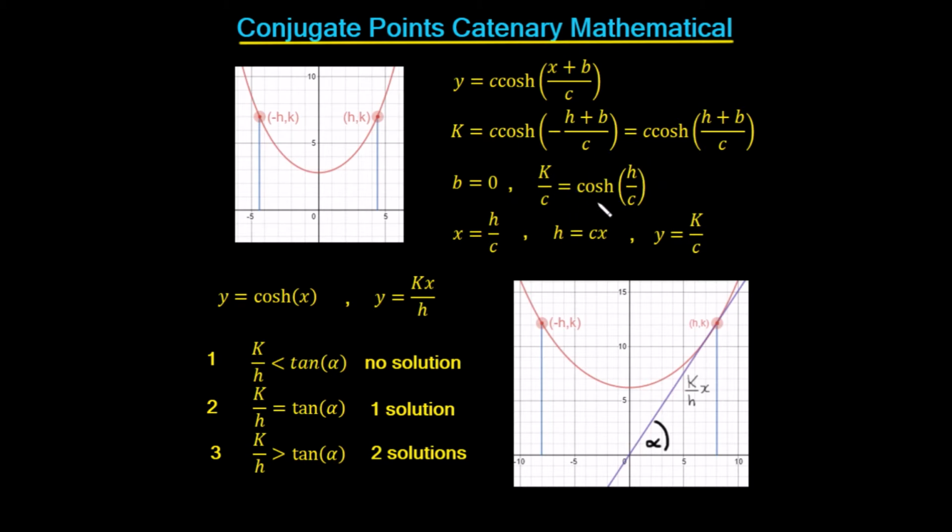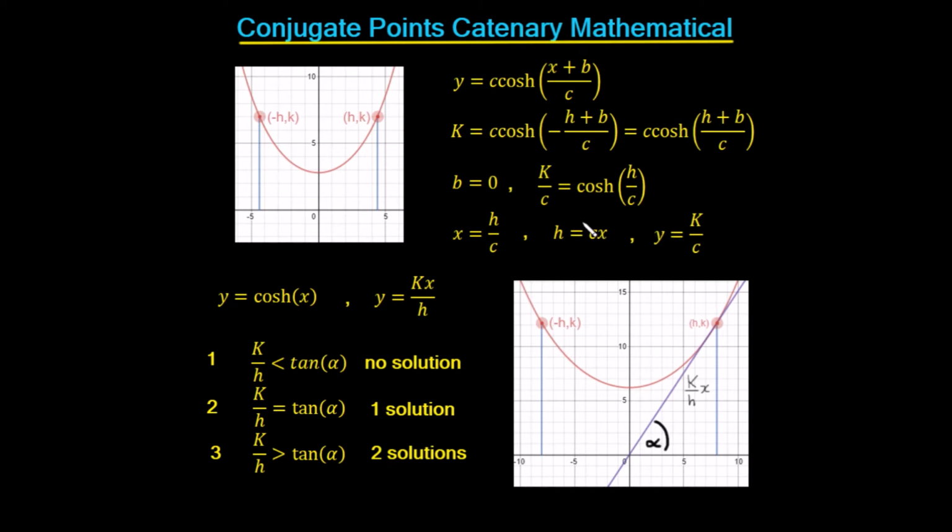So we're going to be left with this simple equation here, k upon c equals cosh h upon c. Now we're going to do some substitutions in order to split this into two functions. So let's say our x is equal to our h upon c, so we can replace this h upon c simply with the value of x. So if that's true, then h is equal to c times x.